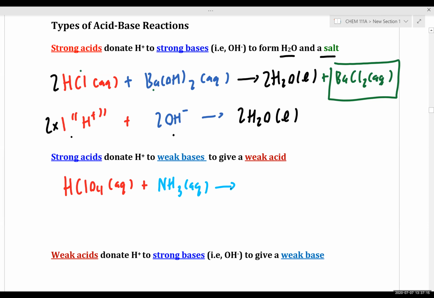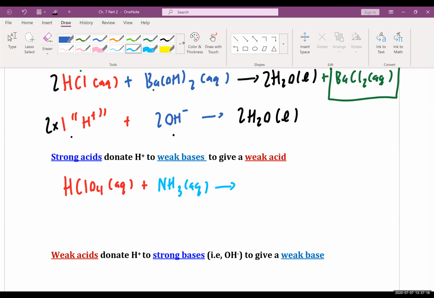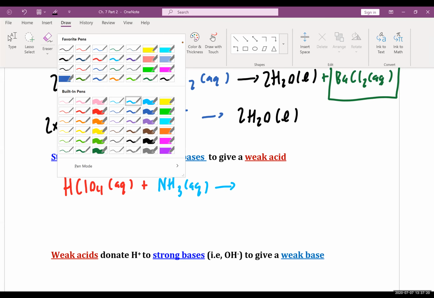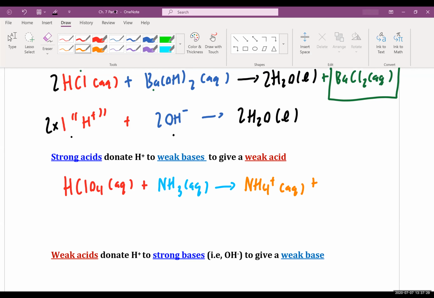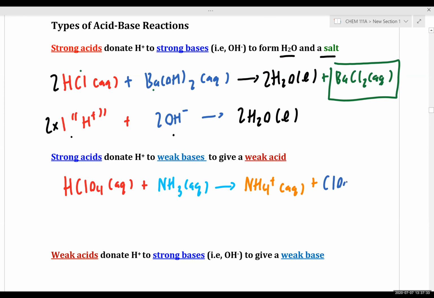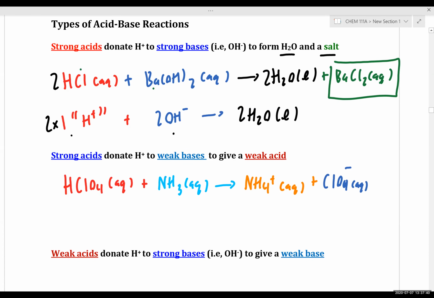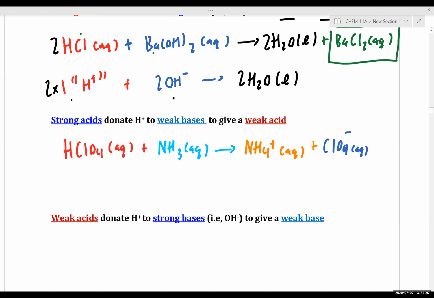And that in turn generates a weak acid, where our weak acid is something like ammonium. And as a byproduct, we also generate a conjugate base, such as chlorate. Okay, so strong acids react with weak bases to yield a weak acid.